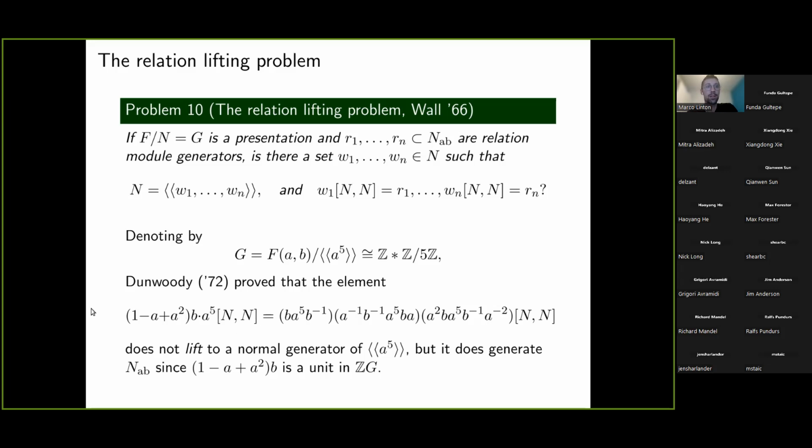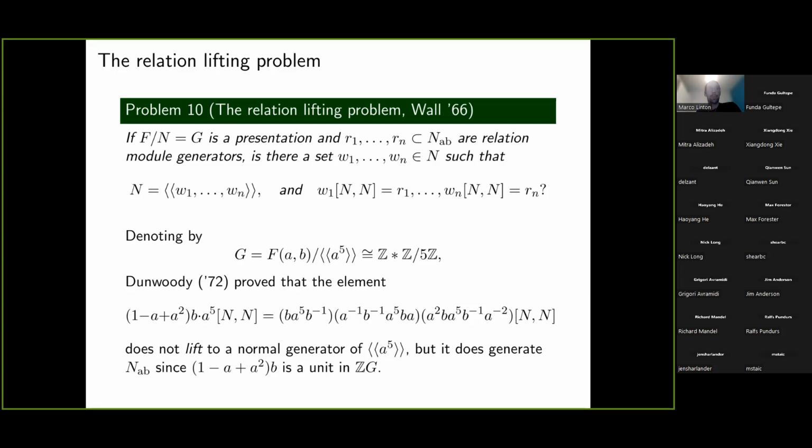If you did the exercise in the beginning, then this computation should be clear. If you multiply by b, this corresponds to conjugating by b. Then multiplying by minus a conjugates by minus a inverse b inverse. Oh, I think that's a typo. Anyway, exercises to fix this computation.